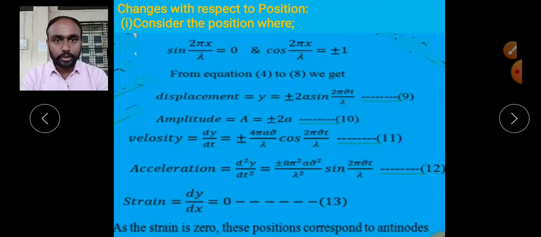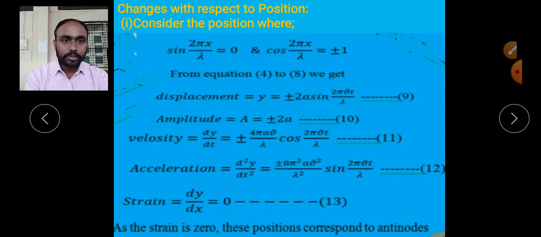Again, in case of amplitude, capital A is equal to 2a into cos 2 pi x by lambda. If you remember equation number 5, substitute this value, cos 2 pi x by lambda is nothing but plus minus 1, and therefore this becomes only plus minus 2a, equation number 10.